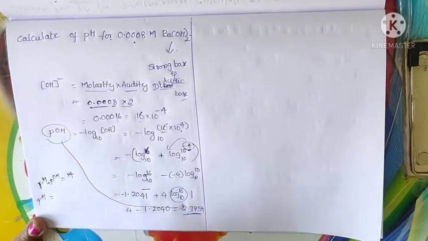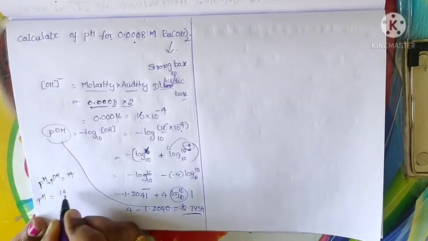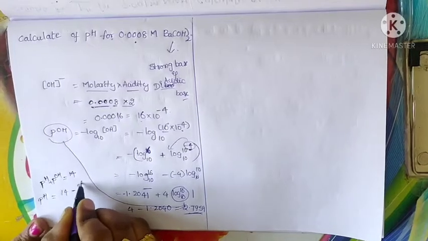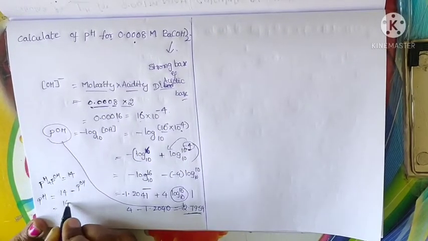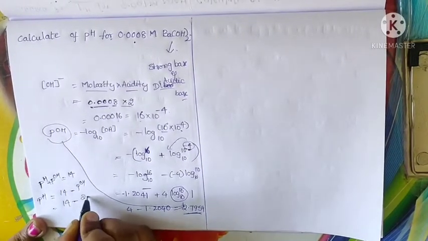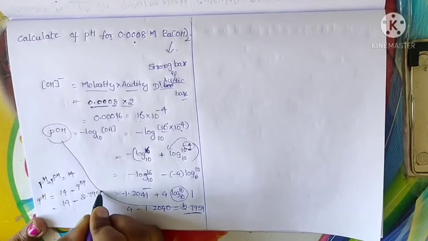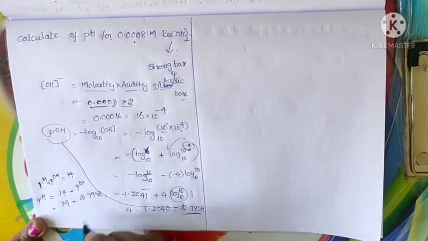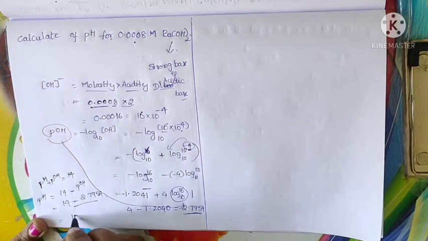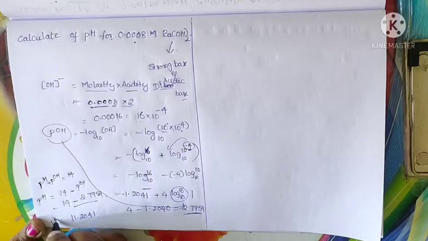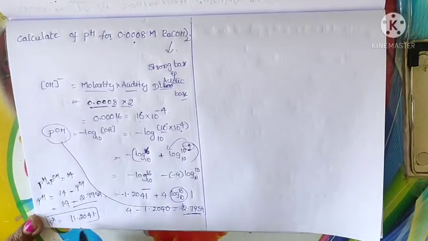The pOH is 2.7959. So 14 minus 2.7959 becomes 11.2041. It is the pH of barium hydroxide.